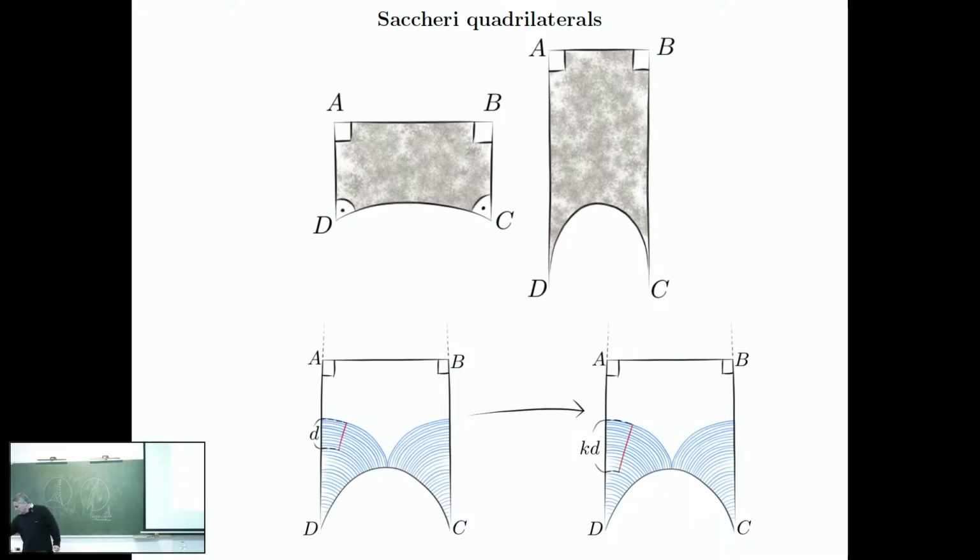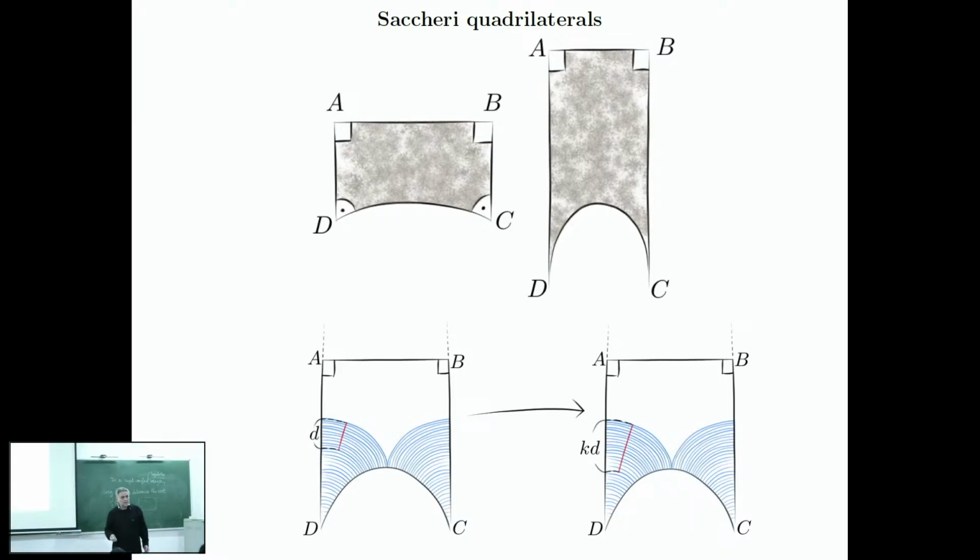These are quadrilaterals in the hyperbolic plane. You see, in the hyperbolic plane you do not have rectangles, right? You know this. Why do you not have rectangles? I mean, you don't have quadrilaterals with 4 right angles.